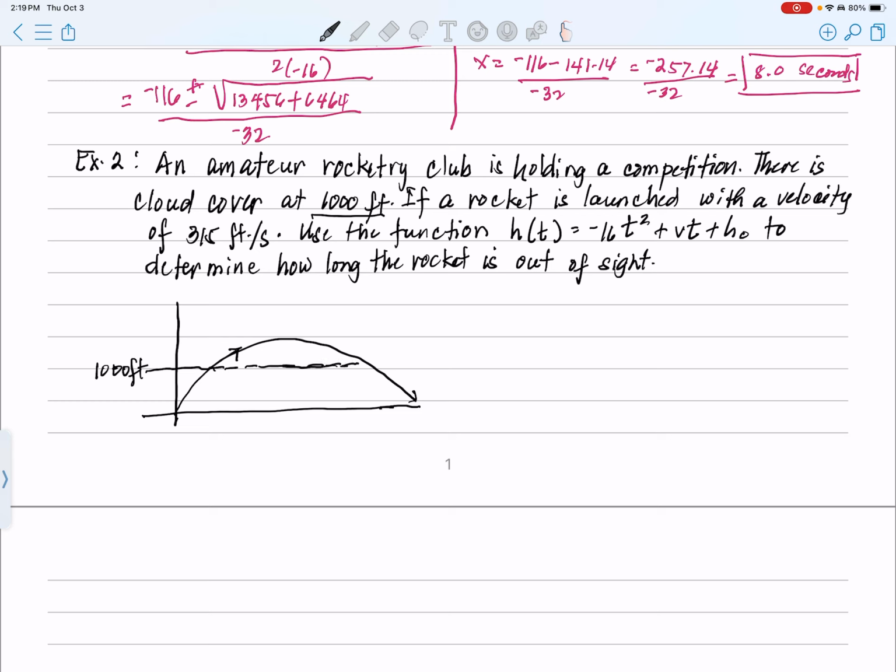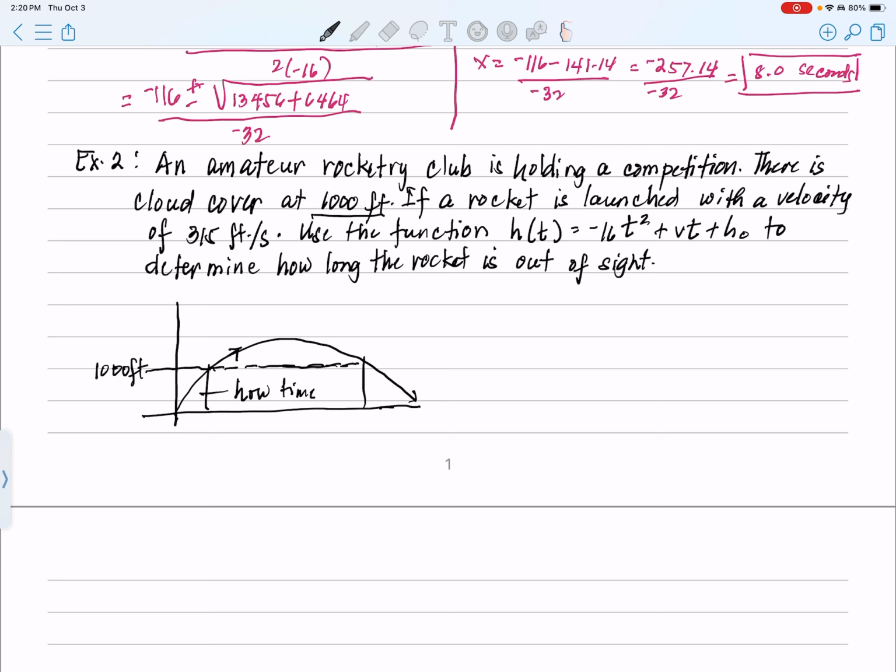So in other words, you are asked the times when the rocket is at 1,000 feet, all right, and how much time the rocket is out of sight.